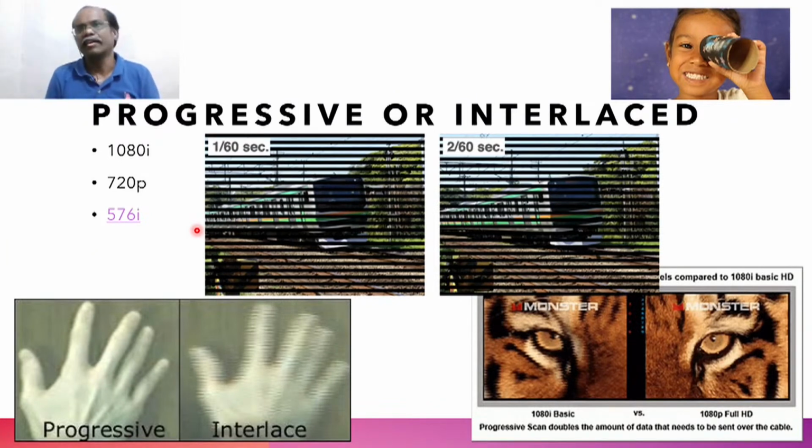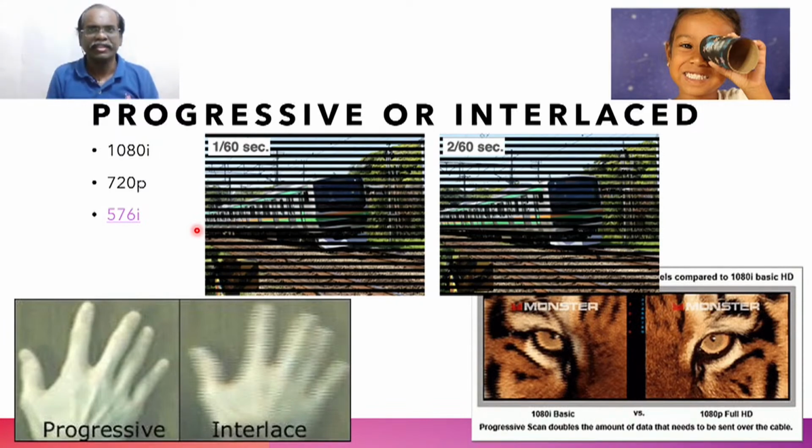They decided, I will not capture 24 full frames. Instead, I will capture half frames only. Within a time, I will capture odd lines and even lines, first half and second half. Like that I'll capture, but I'll capture 48 times. Speed was possible, but the capturing technology was not possible at that time.